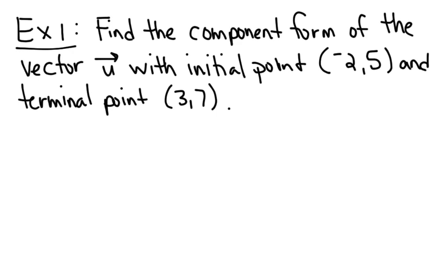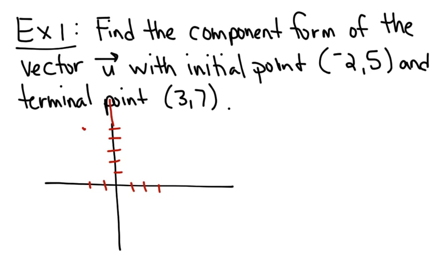It starts at -2, 5 and goes to 3, 7. And I want to look at this graphically for a moment. Here would be -2, 5. And then 3, 7 would be up here somewhere. Since this is the initial point and this is the terminal point, this is what the vector would look like.